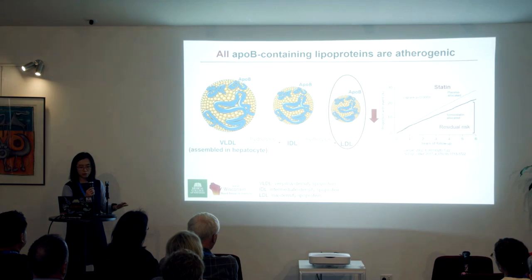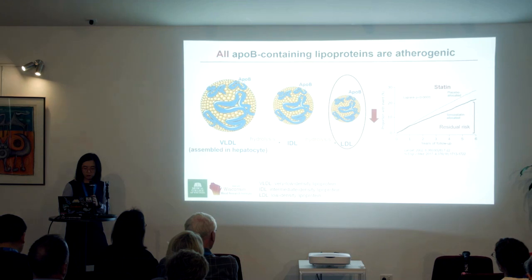However, with the optimal LDL cholesterol achieved in the population, the cardiovascular risk is not really optimal. So one approach to further reduce the cardiovascular residual risk is to lower all the ApoB-containing lipoproteins, not only the LDL cholesterol.